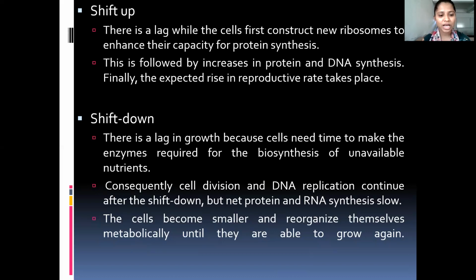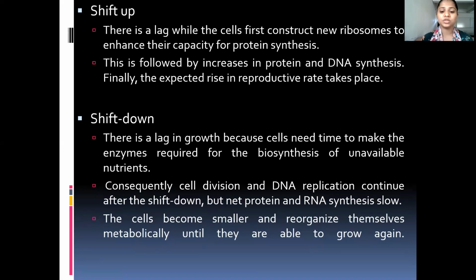In the shift down experiment, there is a lag phase in the growth because the cells need time to make the enzymes required for the biosynthesis of the unavailable agent. Consequently, cell division and DNA replication continue after the shift down, but net protein and RNA synthesis is slow.